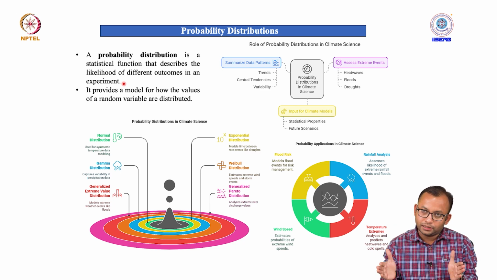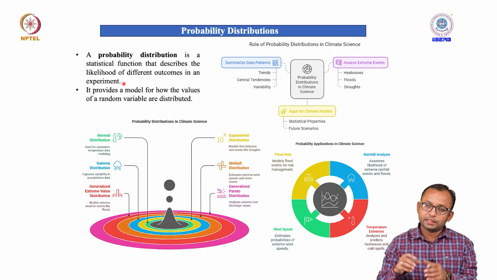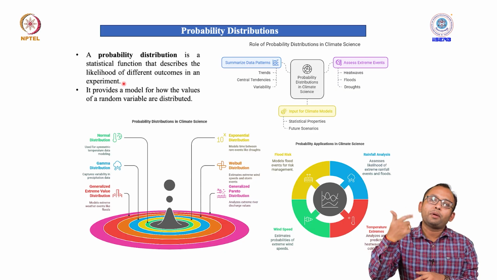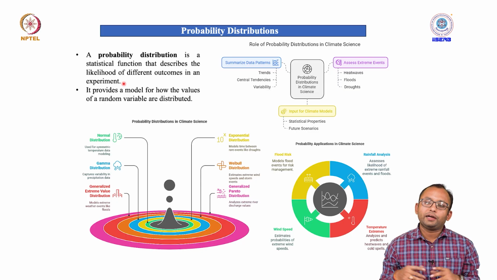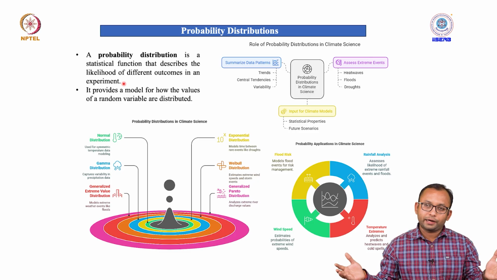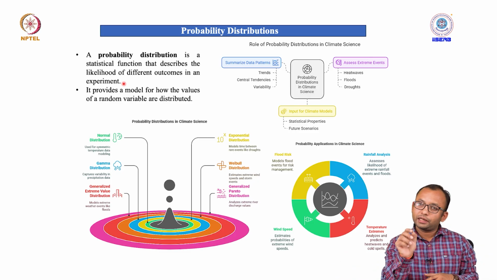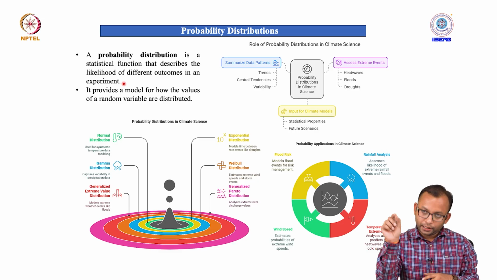That is called bins, and the number of occurrences in the bin gives the probability of occurrence of those numbers. If between 10 and 20 there are 15 numbers falling, and we have done a total of 100 experiments, the probability of occurrence within 10 and 20 is 15 by 100.